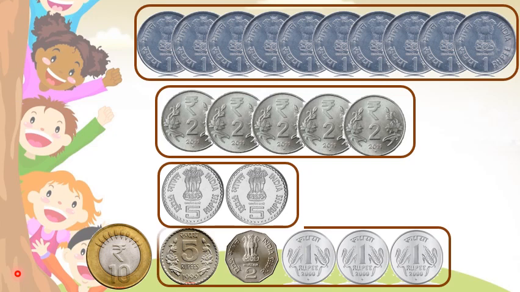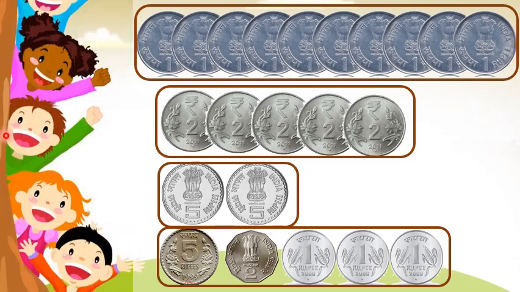Means he gave me 5 rupees plus 2 rupees, that is 7, plus 1, that is 8, plus 1, that is 9, plus 1 means 10. He also gave me 10 rupees change for rupees 10 with different valued coins. Very good, Rohan. This is for you.